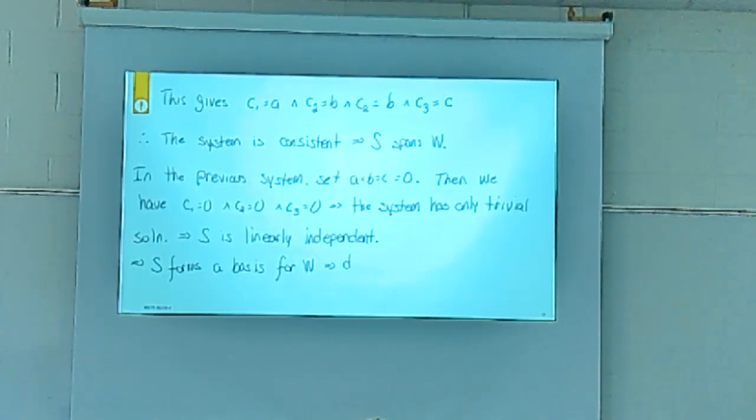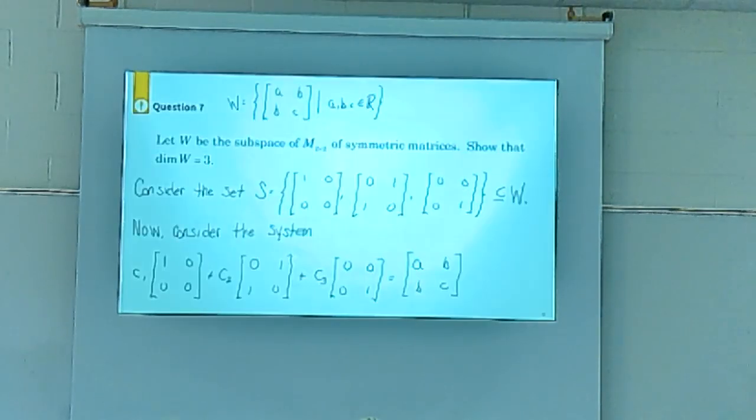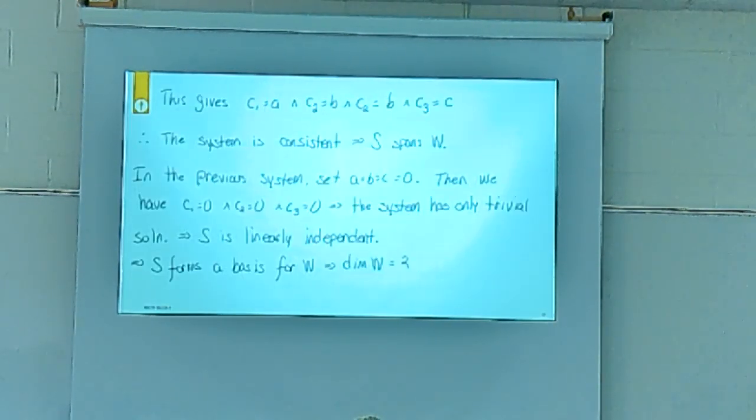Well, how many vectors were in that set? 3. So what's the dimension of W? Ah, that's what I wanted to prove. All right, so now this is where the vocabulary can kind of get confusing.